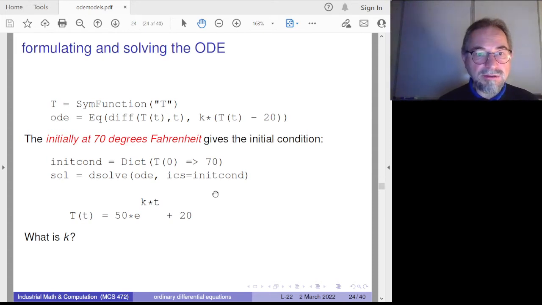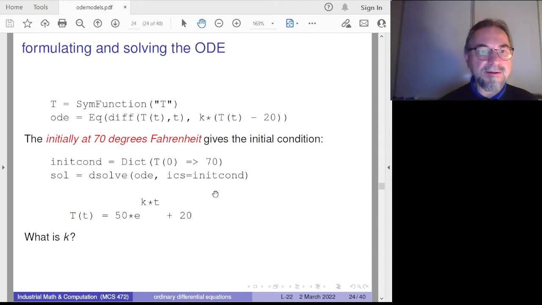Kind of a little bit surprising, but that means that we better obtain a negative value for k for this model to hold. You see the 20 that's coming in here. The 20 is there as a constant.